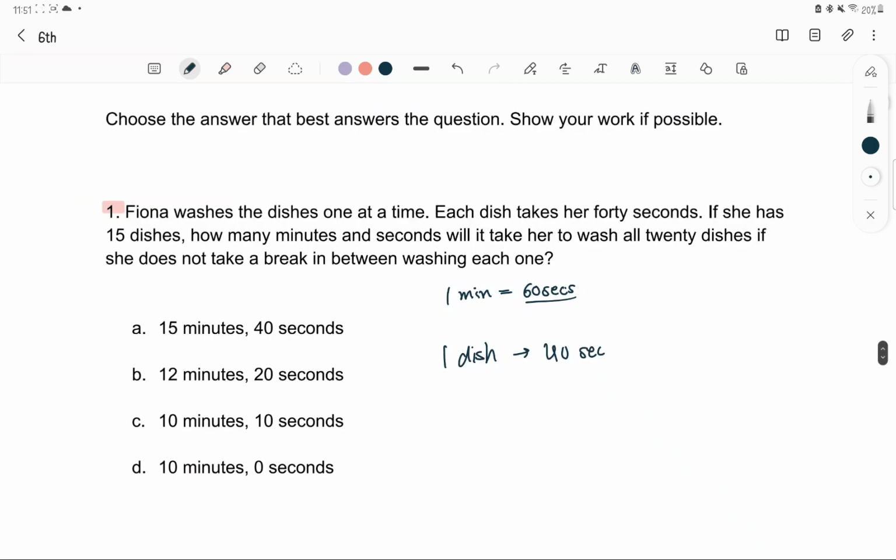And if she has 15 dishes, so 15 is the total number of dishes that she has to wash. And how many minutes and seconds will it take her to wash all 20 dishes if she does not take a break in between washing each one? So let's just ignore this because the problem is kind of wrong.